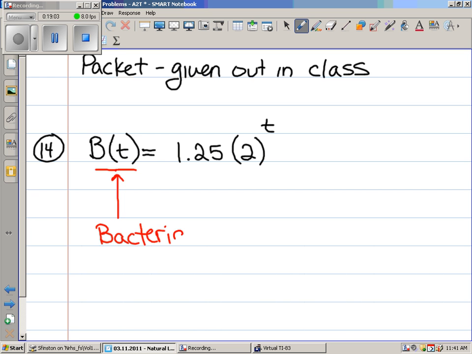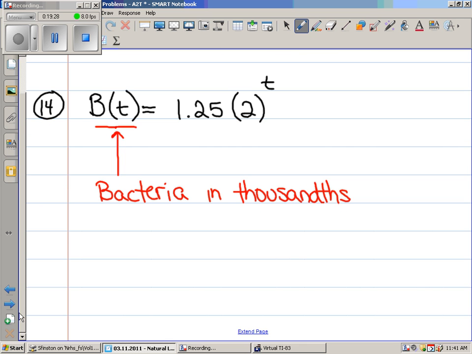The equation models the growth of bacteria. They want to know when will there be 1,000,000 bacteria? If bacteria is in thousands, how many thousands are there in 1,000,000? 1,000. 1,000 thousands is 1,000,000.